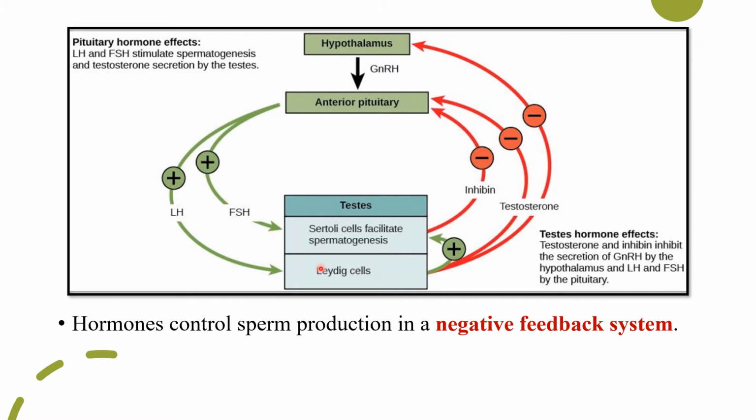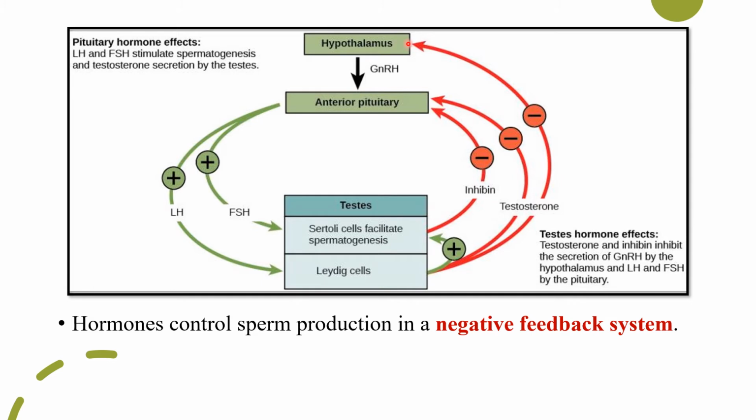In reaction to these hormones, of course, the Sertoli cells will produce inhibin affecting the anterior pituitary. The Leydig cells can affect the Sertoli cells, or they can also secrete testosterone, inhibiting the anterior pituitary and your hypothalamus.